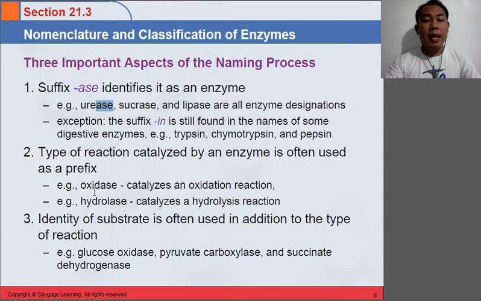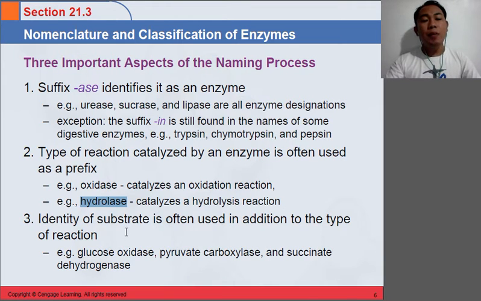Second, the type of reaction catalyzed by an enzyme is often used as the prefix. When we say prefix, that means before the name. For example, we have the oxidase, which catalyzes an oxidation reaction, and we have also the hydrolase, which catalyzes a hydrolysis reaction.